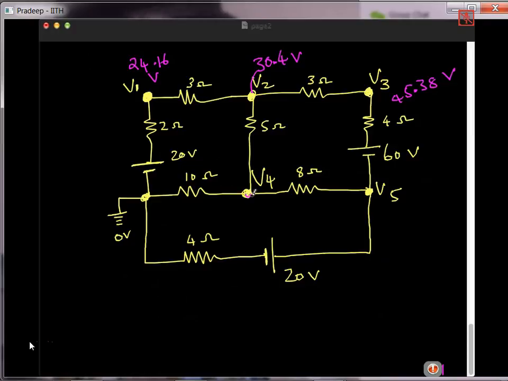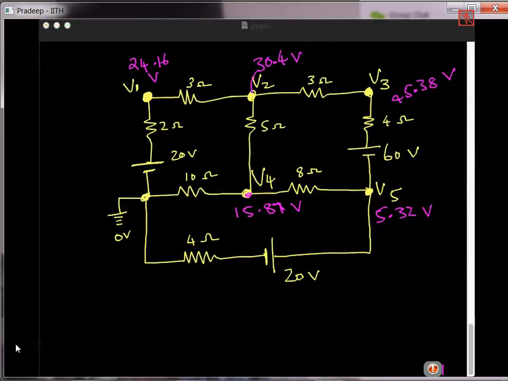Voltage at V4 is 15.87 volts. Voltage at V5 is 5.32 volts. So you can always cross check. See what is the current flowing in this. Since you know V2 and V4, the voltage difference, divide by 5 ohms, you will get the current in this branch. Like that, for each branch you can know the currents once you have the voltages. So anyway, any doubts?